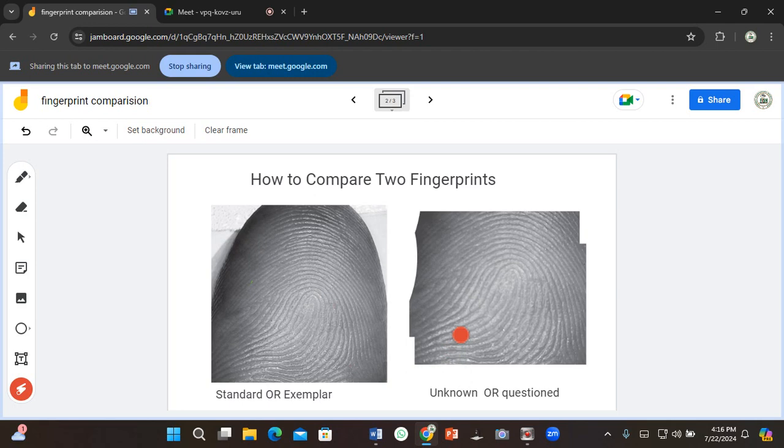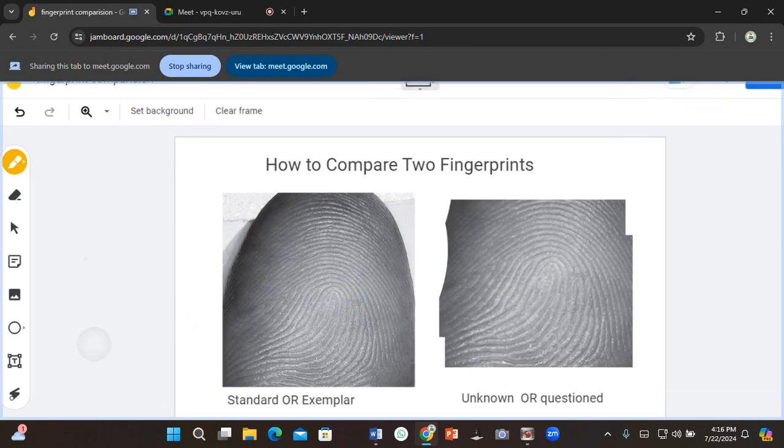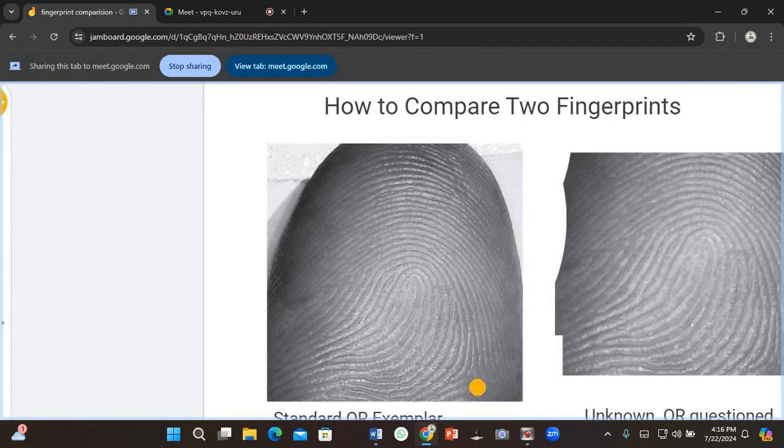Now let's look at what you have here. We have the delta. Let's mark our delta with yellow. Look at it. This is our delta.